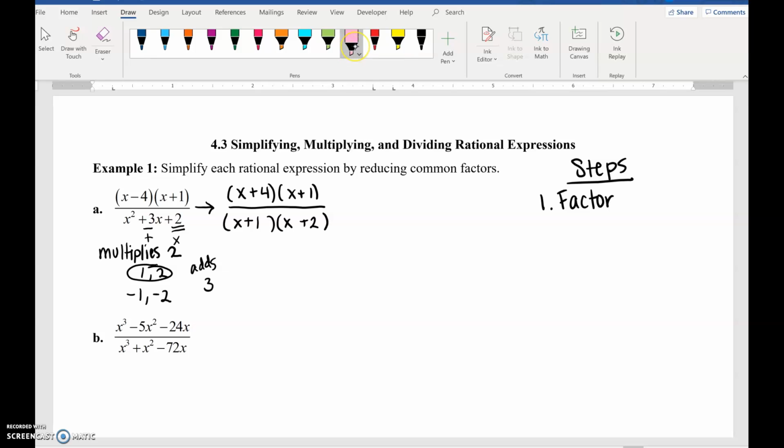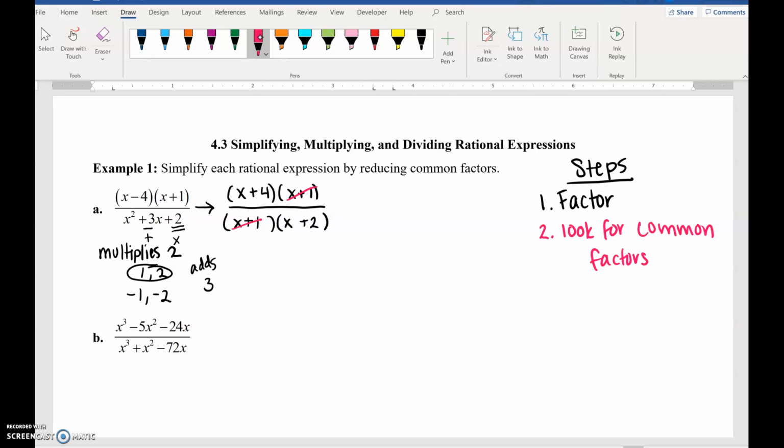Now everything's factored, so my next step is to look for common factors. And so for this instance, x plus 1 and x plus 1 are common. They're the same, one on the top, one on the bottom.